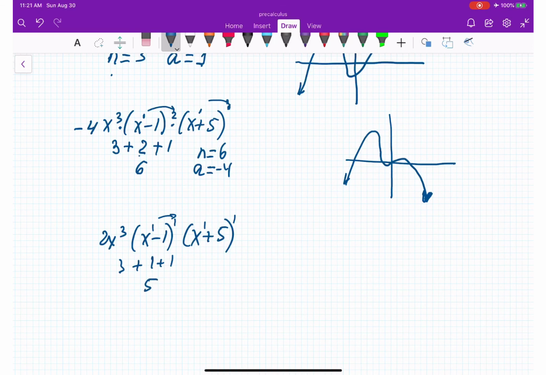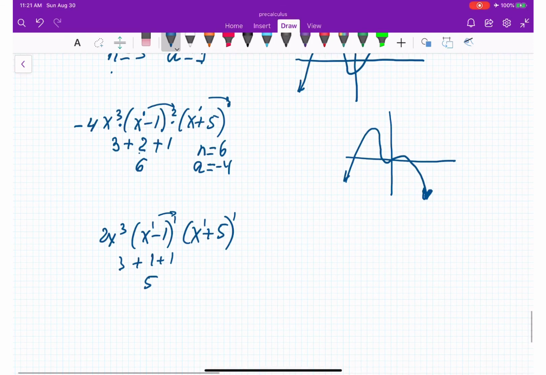If the degree is 5, the end behavior goes in different directions: either one is up, one is down, in the first and third quadrants, or the left one is up and the right one is down. And our leading coefficient, so n is equal to 5, and leading coefficient is equal to 2, which is greater than 0.